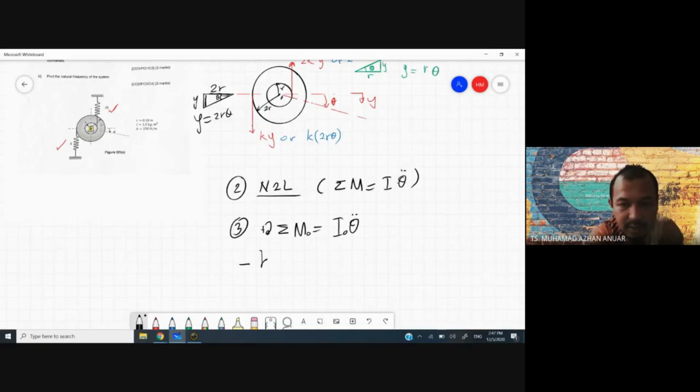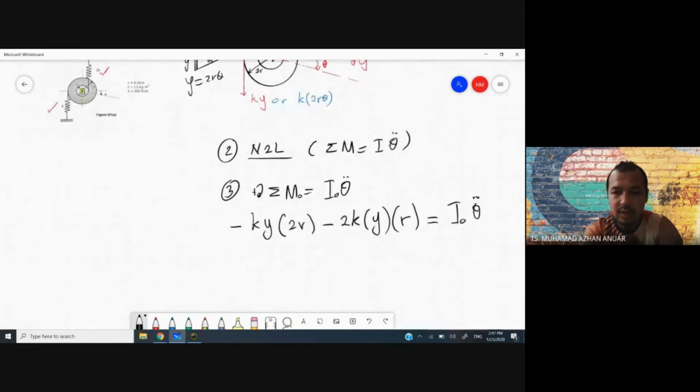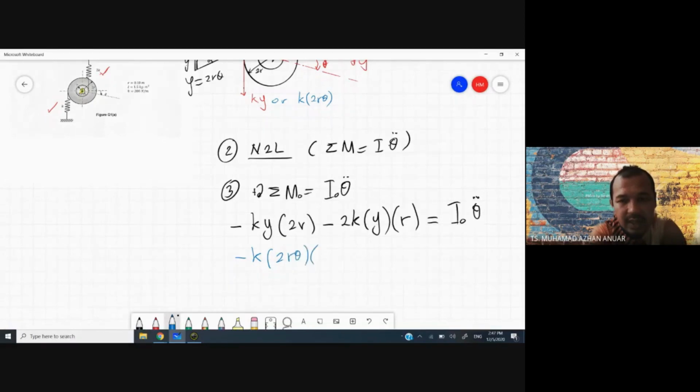So minus K multiplied by Y multiplied by 2R minus 2K multiplied by Y multiplied by R is going to be equal to I naught theta double dot. Or we can represent it using the blue color there: minus K multiplied by 2R theta multiplied by 2R minus 2K multiplied by R theta multiplied by R is equal to I naught theta double dot.